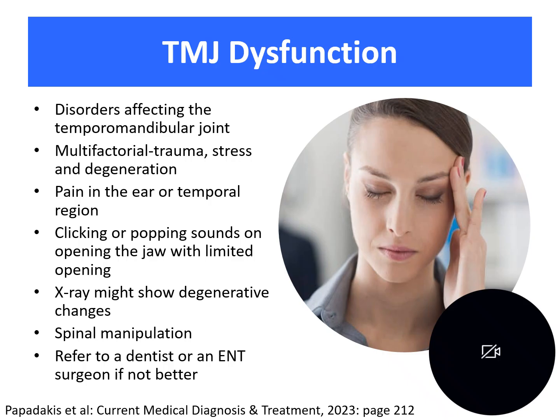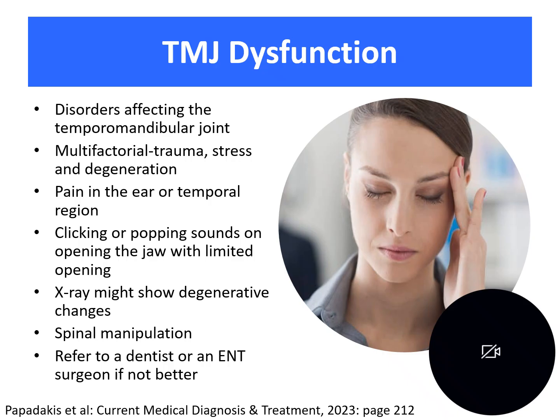You may want to order a set of x-rays looking specifically at the temporomandibular joint. If you see joint narrowing, osteophyte formation, or subchondral sclerosis, you have the diagnosis of degenerative joint disease.